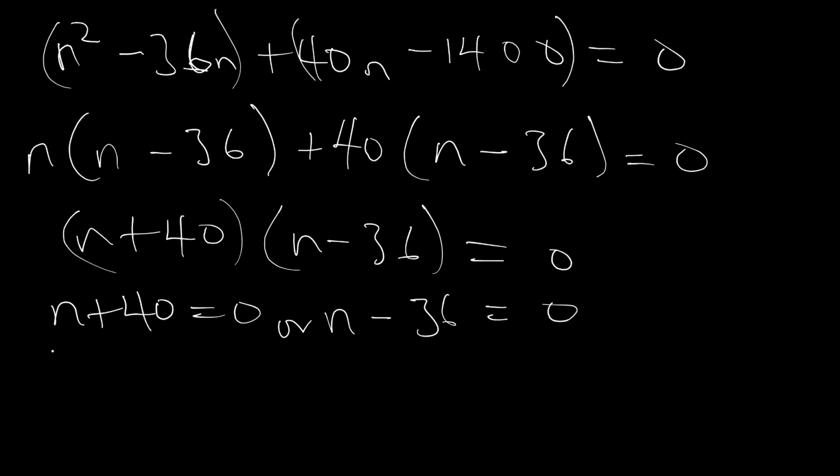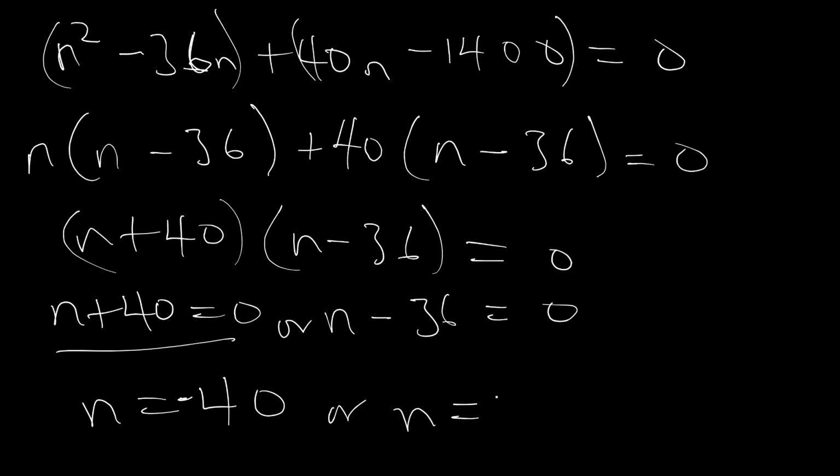Now when we make N the subject here, we would have N is equal to negative 40, or N is equal to 36. But we know that the number of shirts cannot be negative.